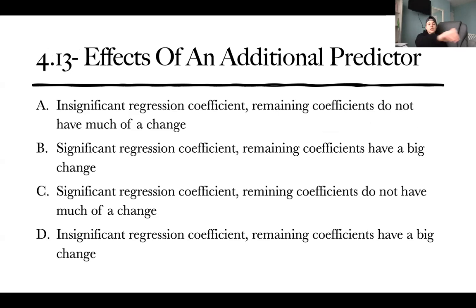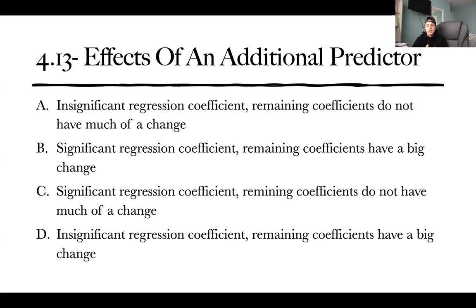Now we're going to move on to section 4.13, which is the effects of an additional predictor. When a new variable is introduced into a regression equation, we have 4 different possibilities that can result. Our first possibility can be that the new variable has an insignificant regression coefficient and that the remaining regression coefficients do not have much of a change. New variables with this effect should not be included.